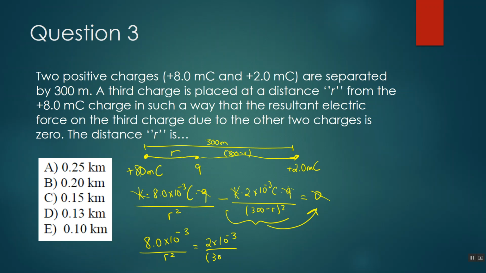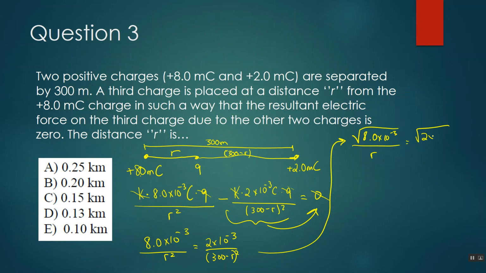All right? And we could also square root both sides to get rid of those squares. So I'm going to square root both sides, and I'm going to work up here. It's going to be the square root of 8.0 times 10 to the minus 3 divided by r is equal to the square root of 2 times 10 to the minus 3 over 300 minus r.